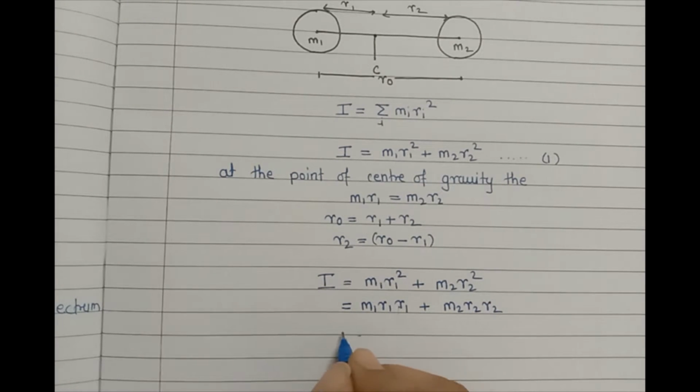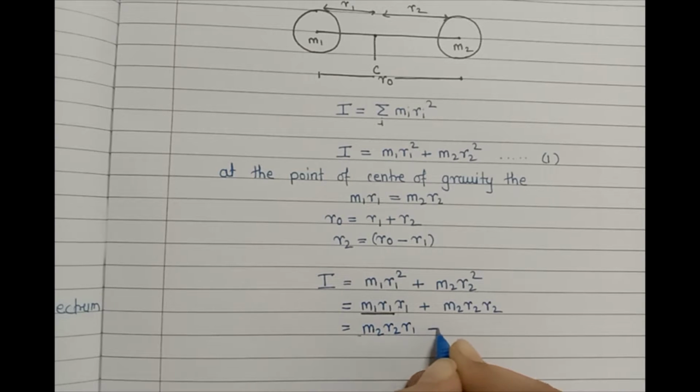We know that this M1 R1 is equal to M2 R2, and this M2 R2 is equal to M1 R1. So here I can write M1 R1 into R2.